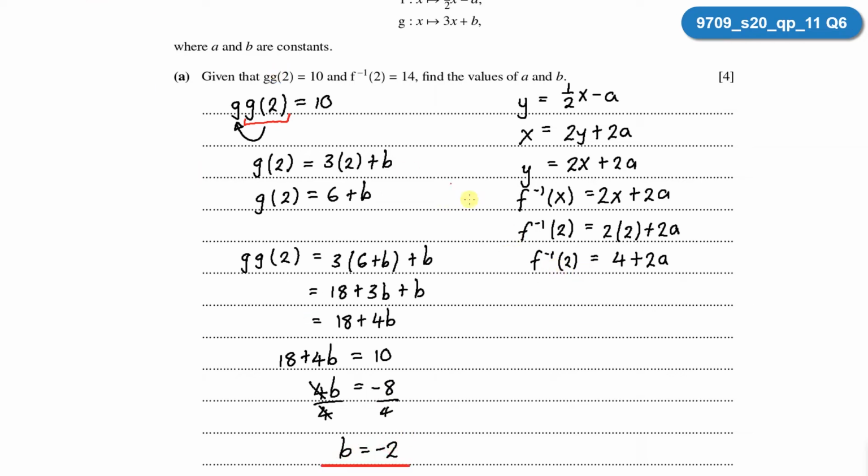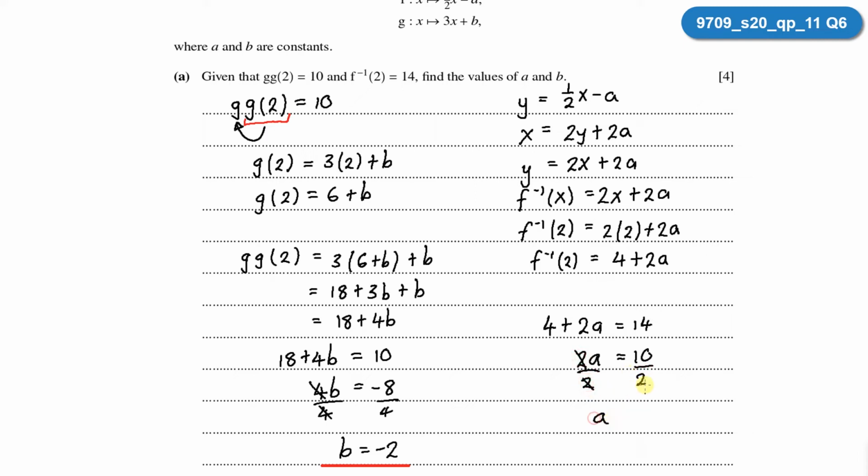And from here, the information given is f inverse of 2 is 14. So here, I'll equate f inverse of 2, which is 4 plus 2a, to 14. And so for a, subtracting 4 from both sides, that will be 2a is equal to 14 minus 4, that's 10. And I'll divide both sides of the equation by 2.